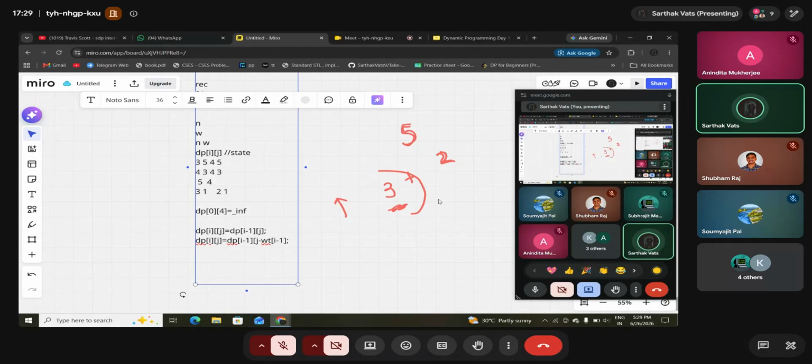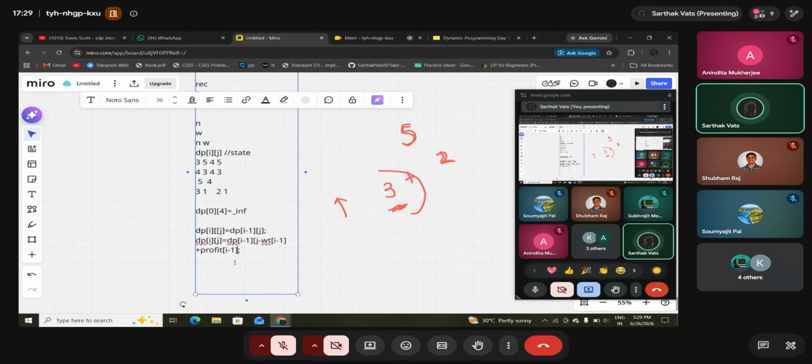I figured out the maximum profit I could have achieved till 3. And since I'm taking the 2, I would add the profit of i. I did the minus 1 in the index because I was considering one-based indexing, right? So I would subtract 1 from here.